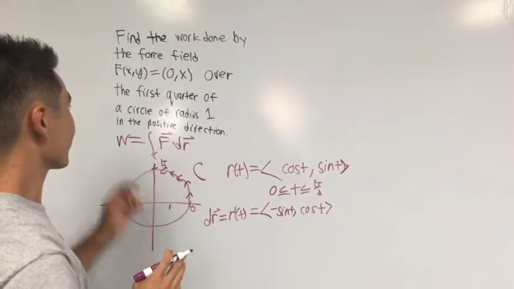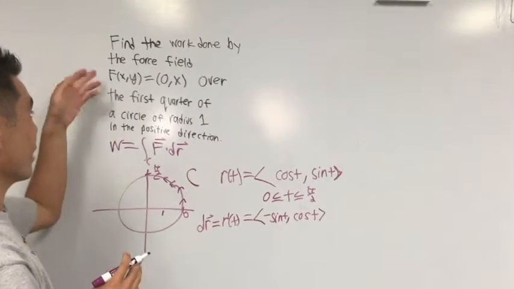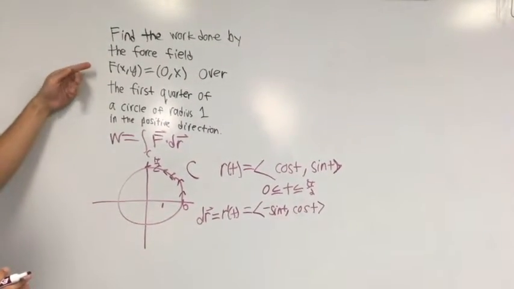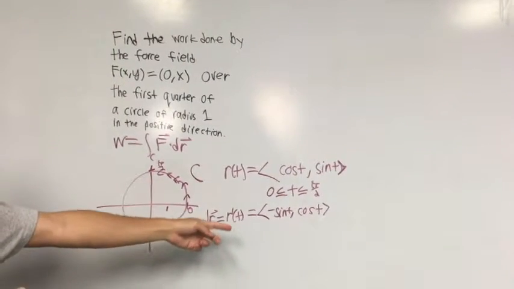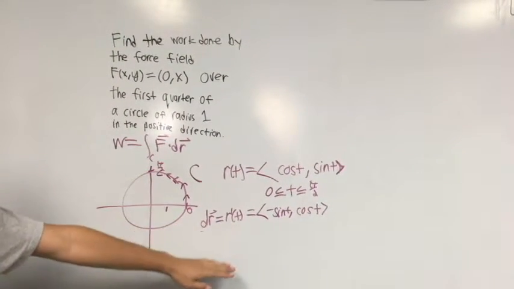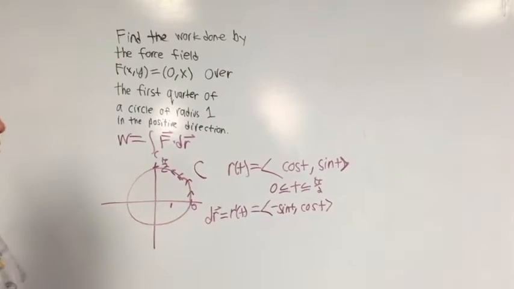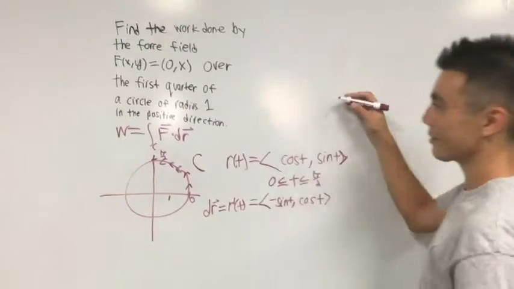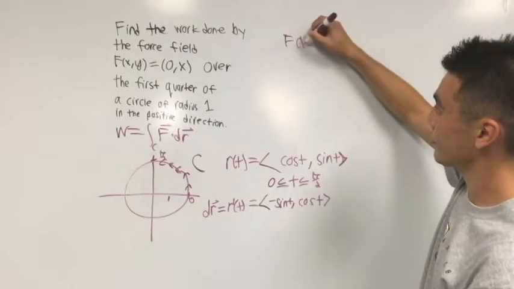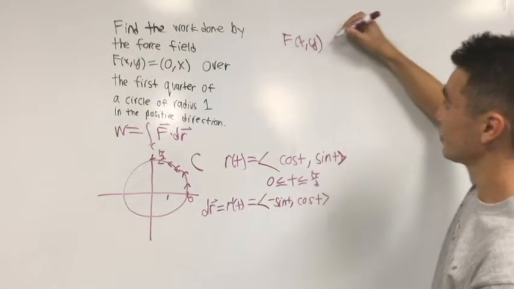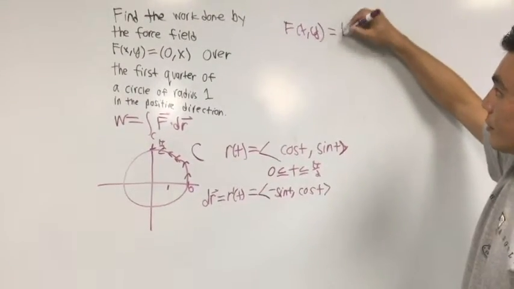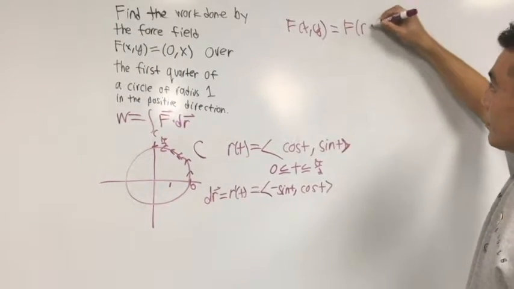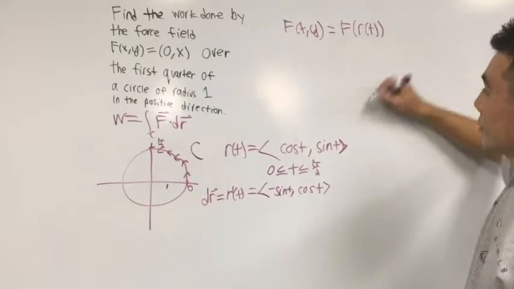Now, we have our force field in terms of x and y, but we have our dr in terms of t. So we're going to have to do something about that. So instead of writing F of x comma y, we're going to do F of r of t.